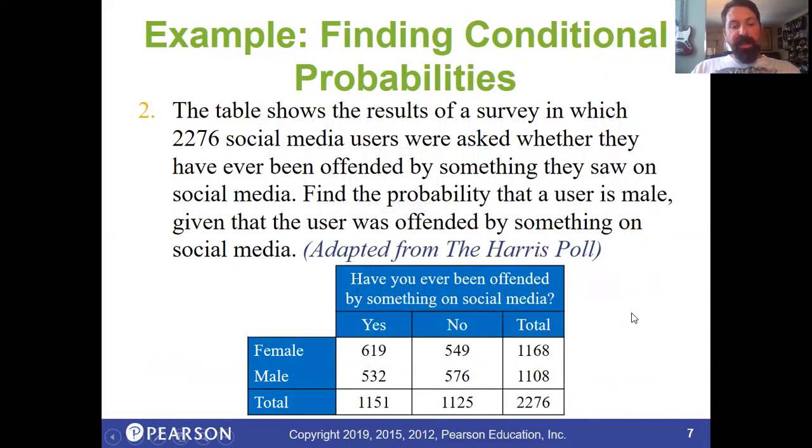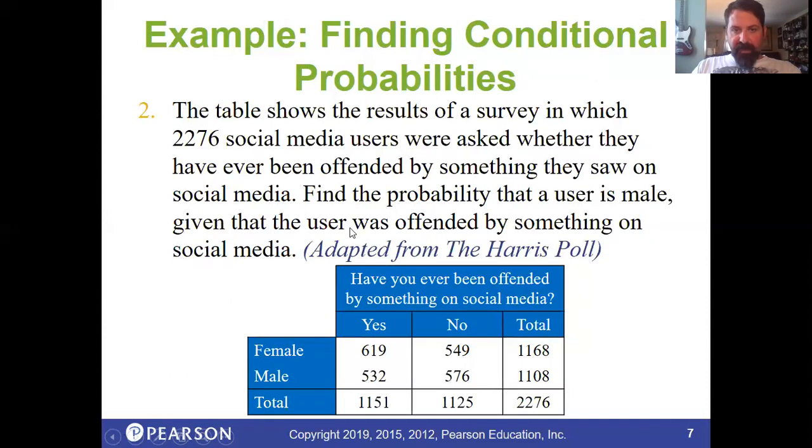How about more of a data-driven example? Here's a survey of 2,276 social media users asked whether they have ever been offended by something they saw on social media. Find the probability that a user is male given the user was offended by something on social media. So given that they were offended means that they said yes, and therefore I'm only going to be looking at this subset of the data.